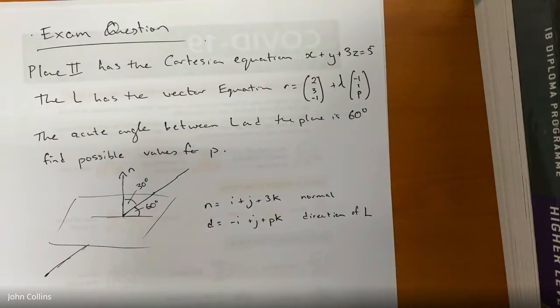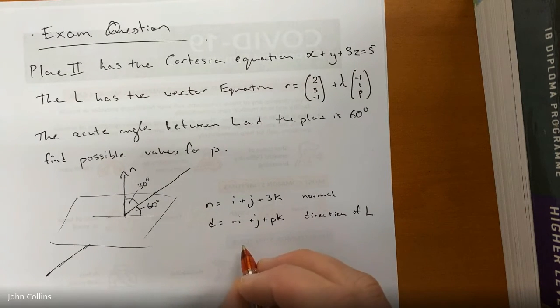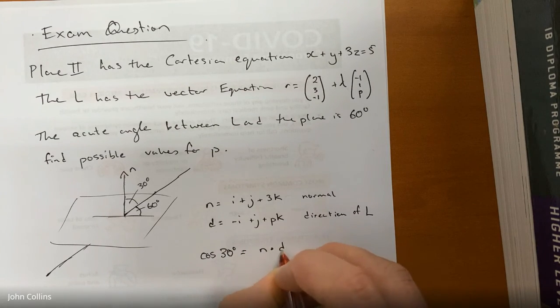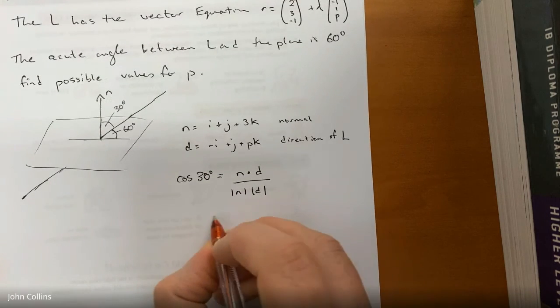We would be able to find it. So we use the scalar product on top. So it's cos of 30 degrees in this case is equal to the scalar product on top, which you can write like n dot d, and then it's the magnitudes of both, which we looked at yesterday.